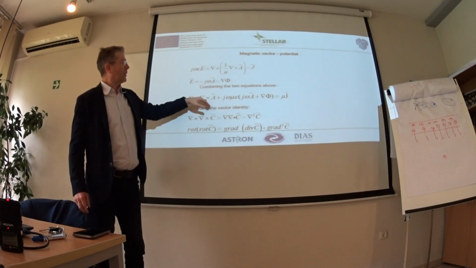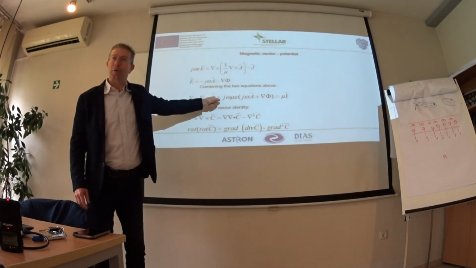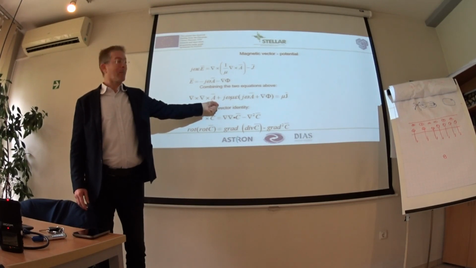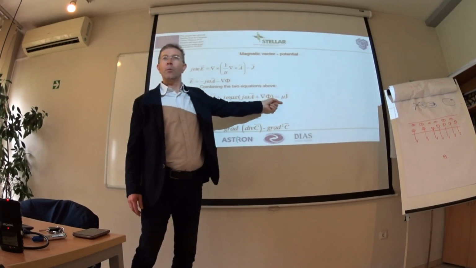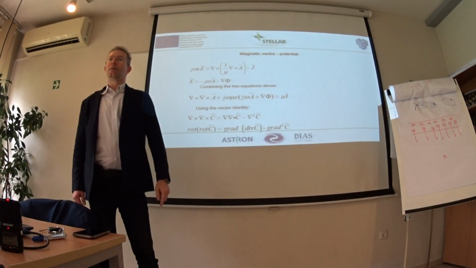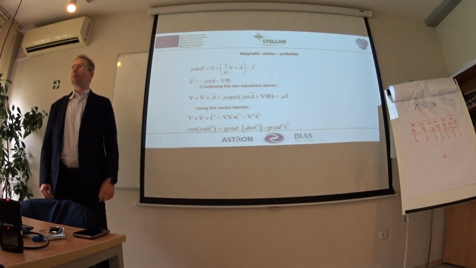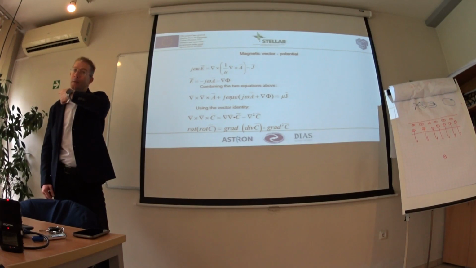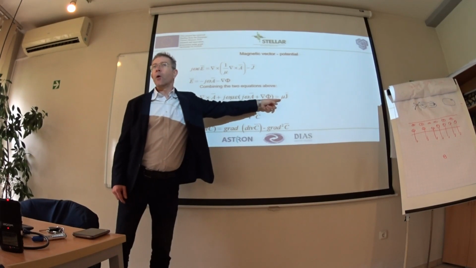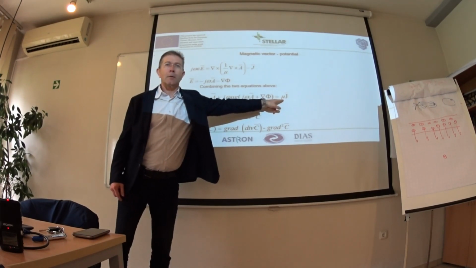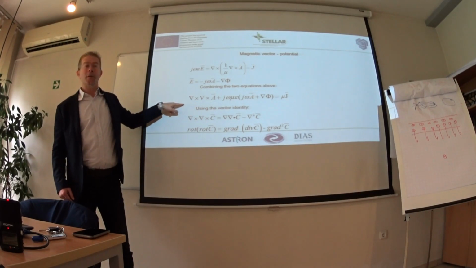Cross product, cross A, which means rotation of the vector A, plus some time variation of the vector A equals the current density J, which should be read in the reverse order, which means that if we have a current flowing somewhere in the space with current density J, it will cause this process here.